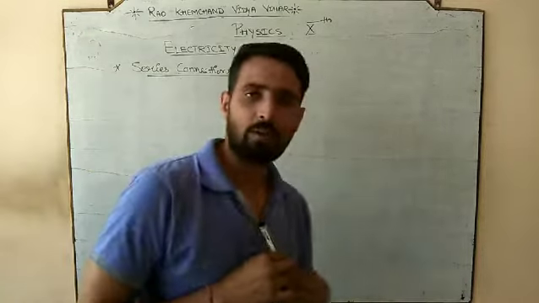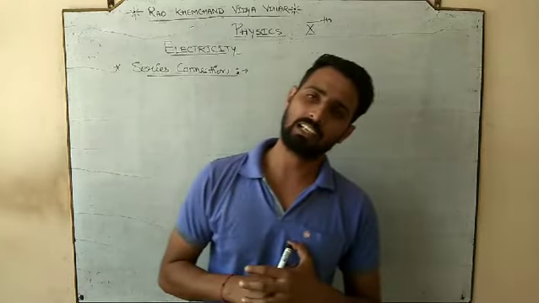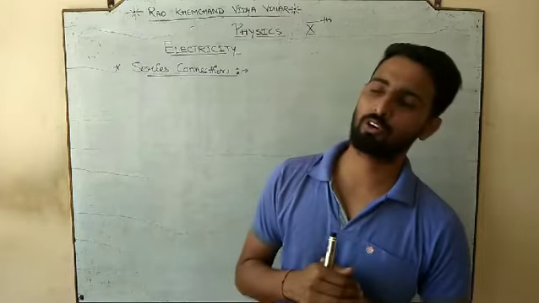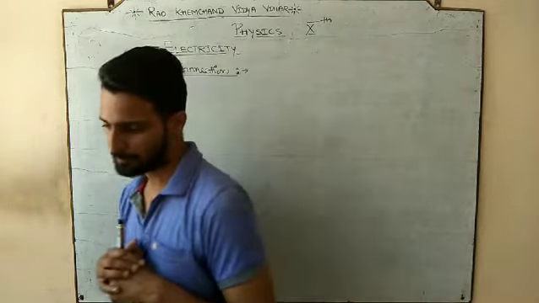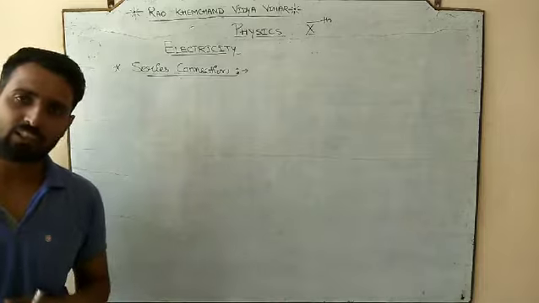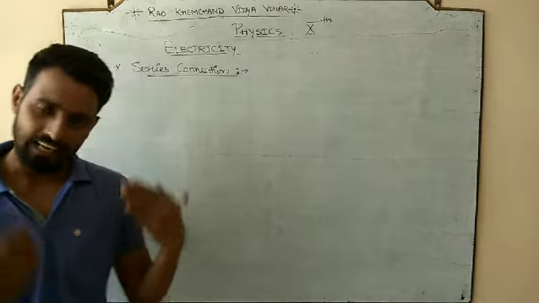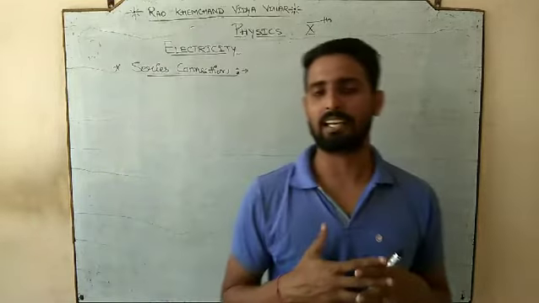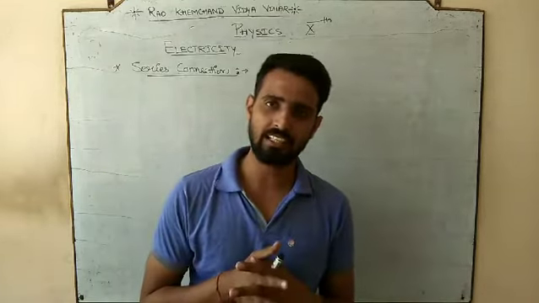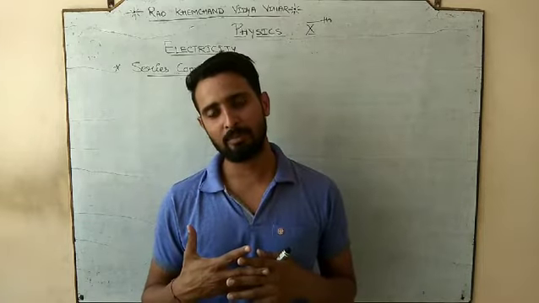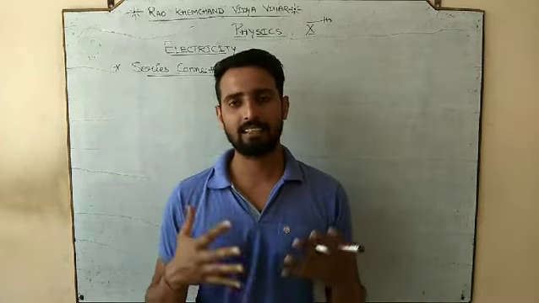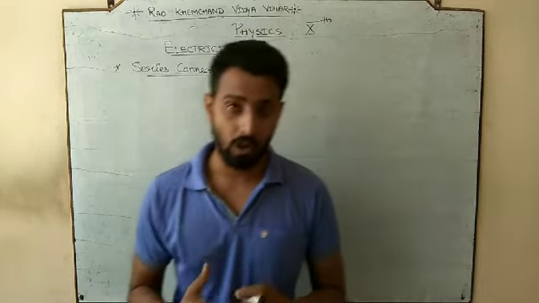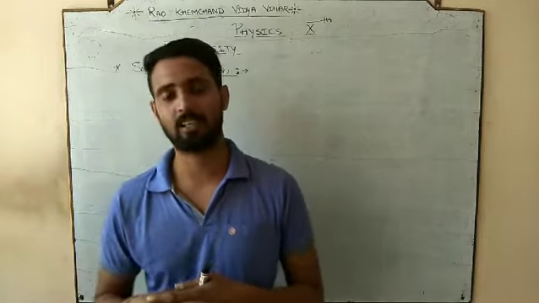Since we have discussed the resistor, an electrical device which offers opposition to the flow of charge is called a resistor. But in today's lecture we are going to study how you can connect one or more resistors together, what the ways of connecting them are, and if they are connected in these ways, how they are going to affect the net opposition, वो net opposition में क्या असर करने वाले हैं.